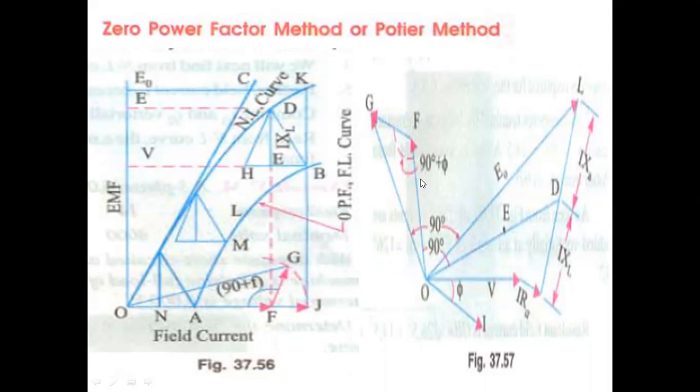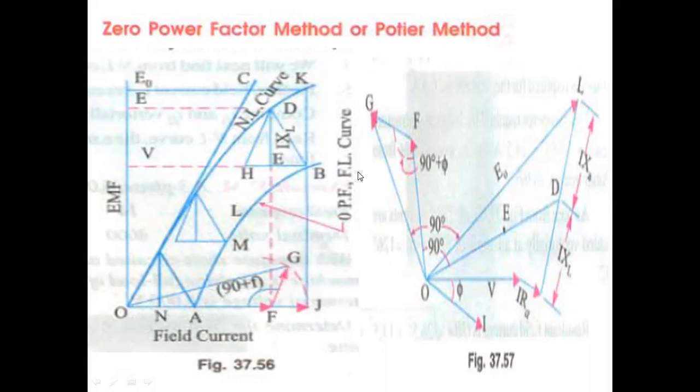OF is drawn 90 degrees ahead. Same phi, assuming 90 degrees, I am drawing OF. Nothing but FG is equal to the armature reaction ampere turns.